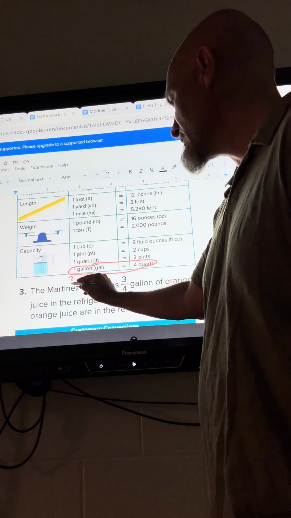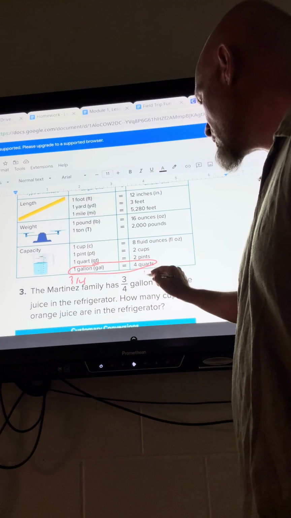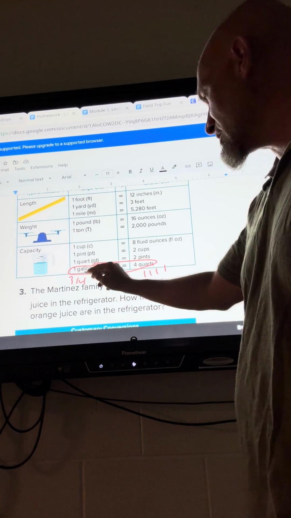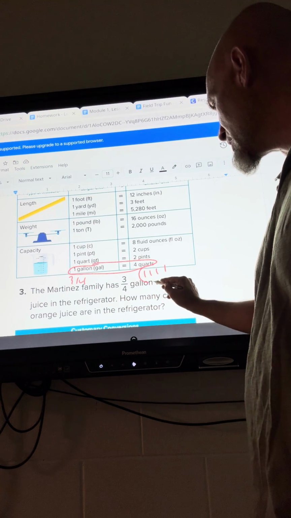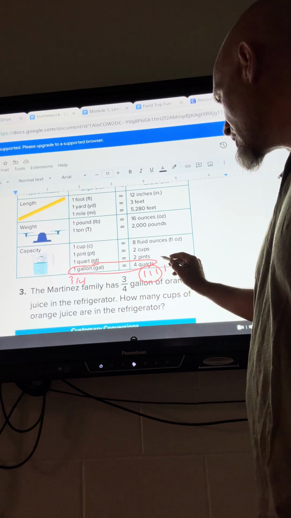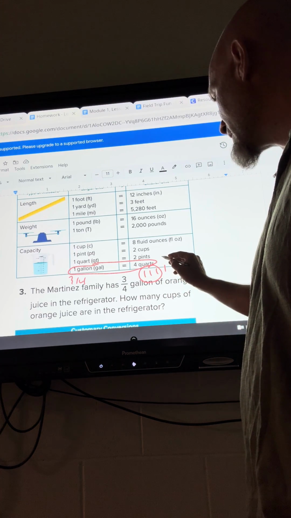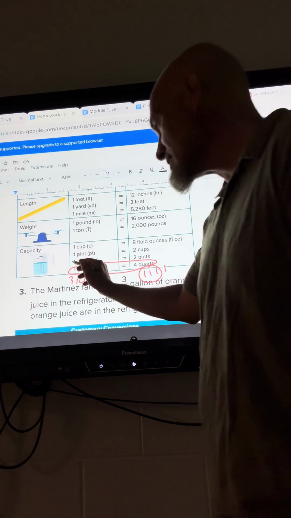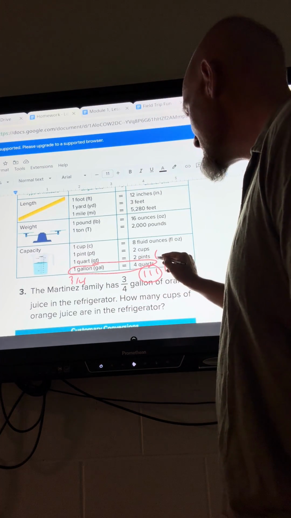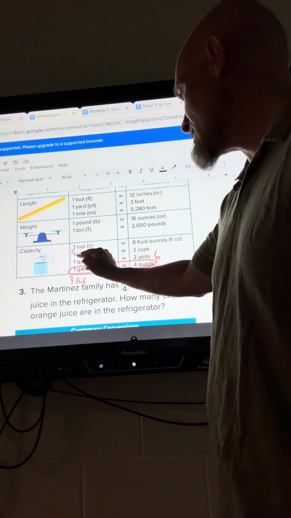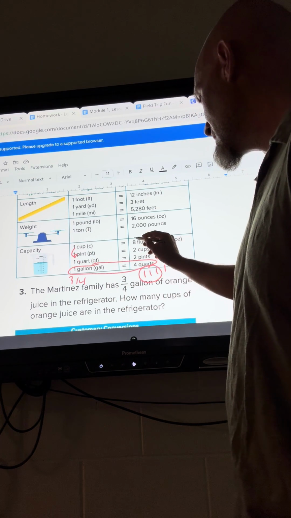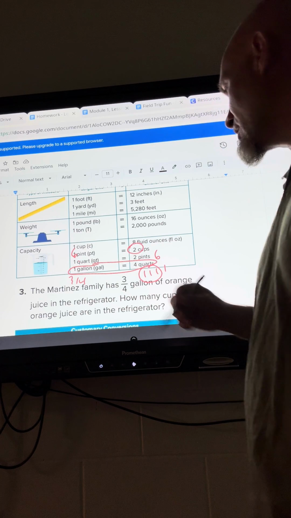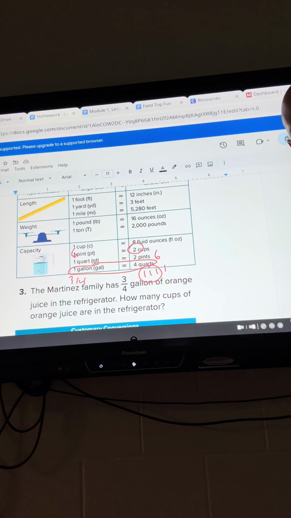So if you have 4 quarts in 1 gallon and you have 3/4 of a gallon, that would be 3 quarts. So we know that 3 quarts are in 3/4 of a gallon. That means 3 quarts would be 6 pints, and then for the 6 pints, you'd have to figure that out, multiply the number of cups by that.